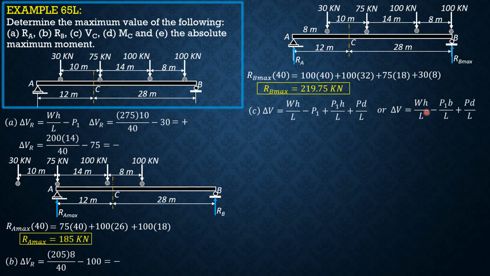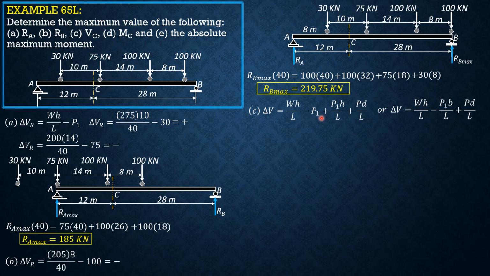So our delta B is WH over L minus P1B over L plus PD over L. P1 will be off span in this formula and there is an incoming load.